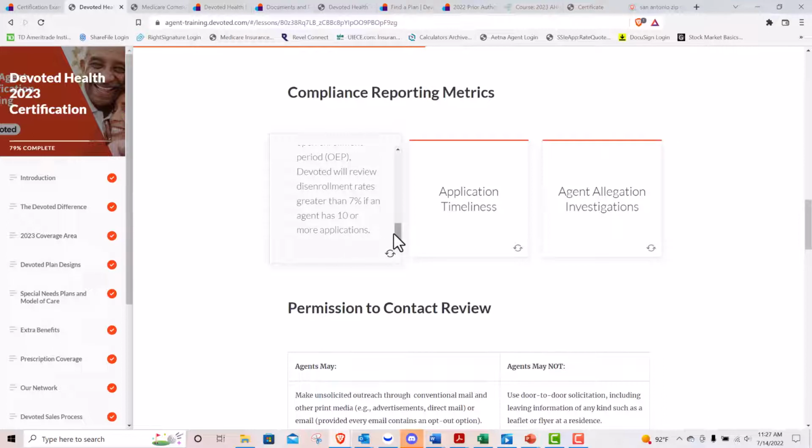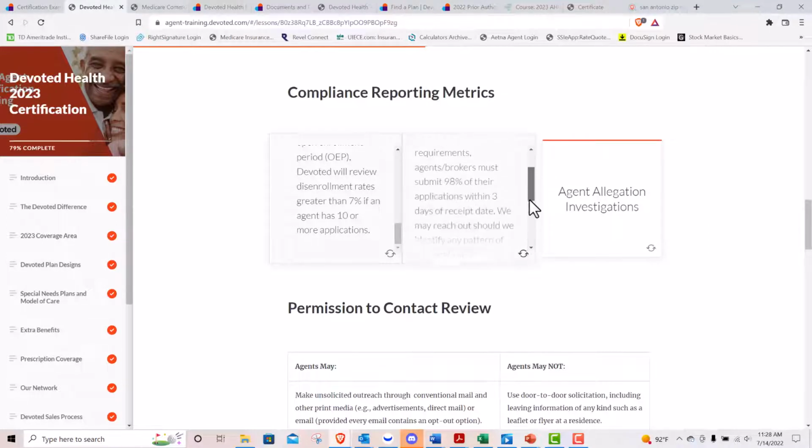If you have less than 10 applications, they won't give you a review. If you have 20 or less in AEP, they won't give you a review. But if you have more than 20 and you have a greater than 7% rapid disenrollment, you will be reviewed.